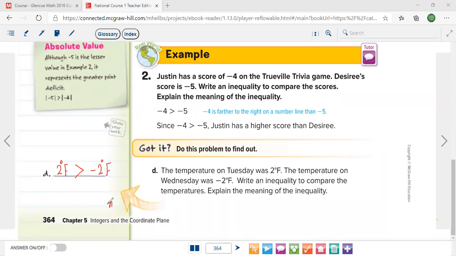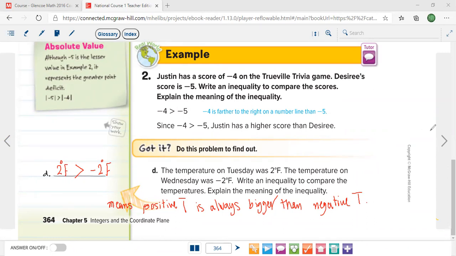Means positive temperature is always bigger than negative temperature. Positive temperature is always bigger than negative temperature.